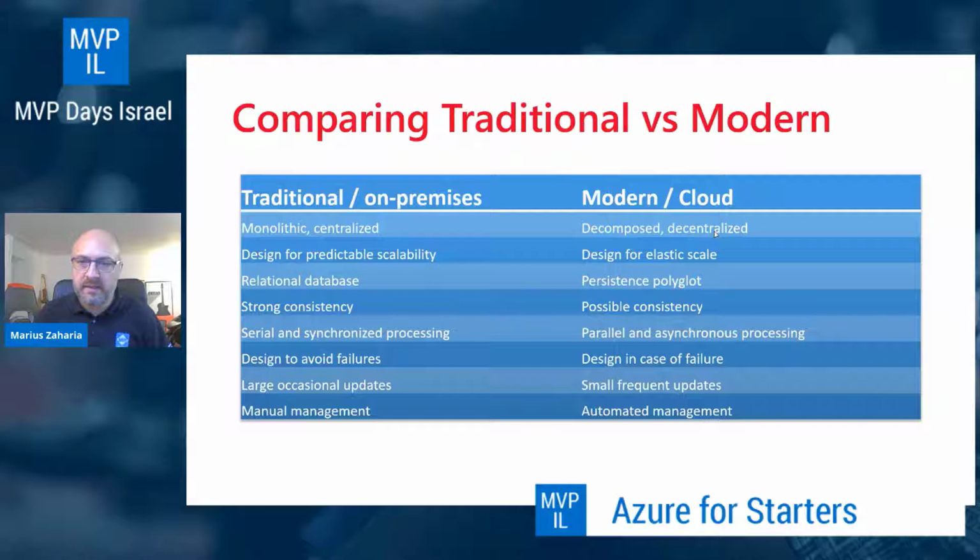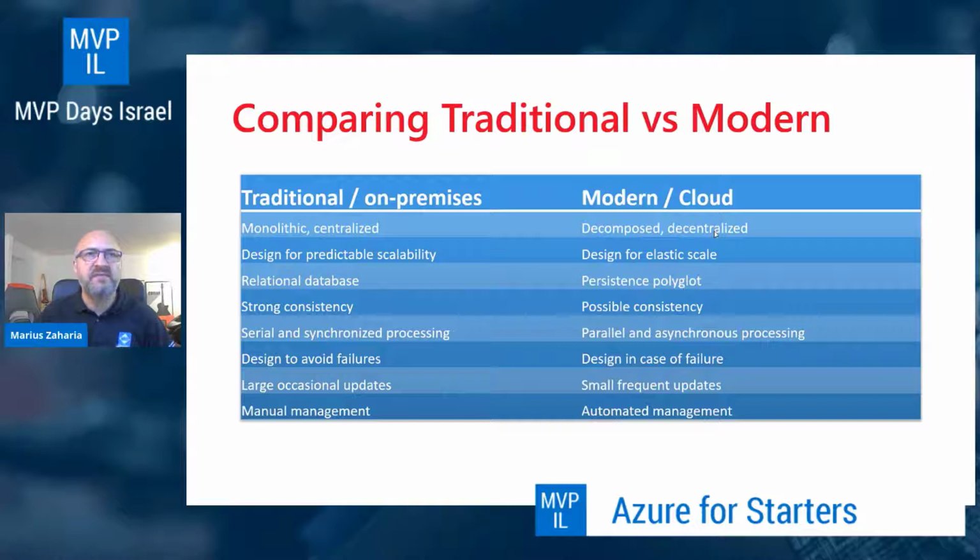On the modern side, on the cloud side, if you want, we have a rather decentralized system with many different services and instances working together. We also design for elastic scale, because it's the first time in the history of architecture that we can really have elasticity of scale for an application.